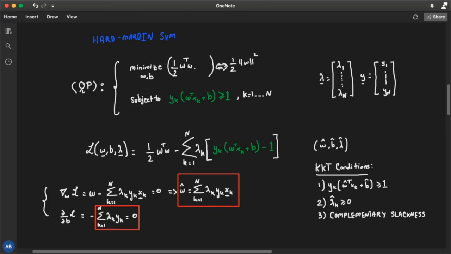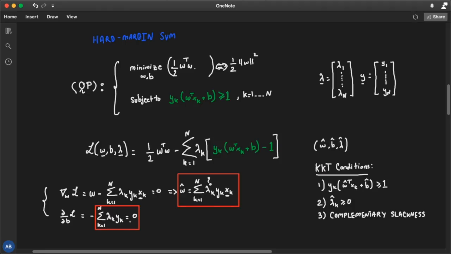That is lambda transpose y is 0, right? Now I have a closed form solution of W, but I don't have one for b. That's another problem. So we have two problems right now. What is my lambda? And what is a closed form solution of b?